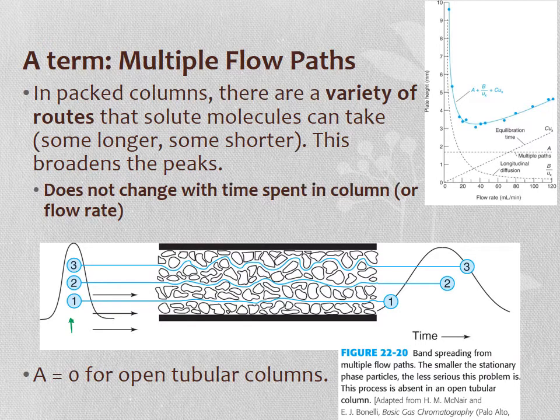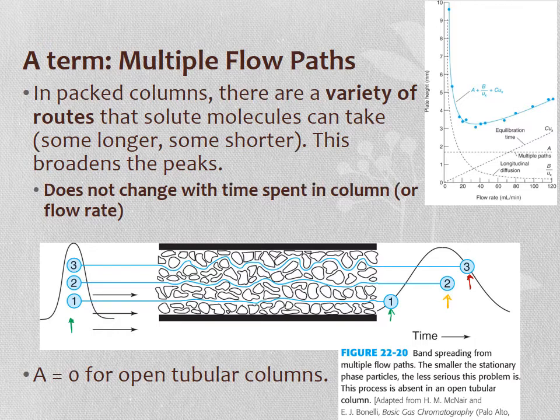And molecule 1 takes a pretty much direct path through and comes out first. And then the next molecule takes a little bit more of a tortuous path. It's got more obstacles to avoid. It comes out later. And then molecule 3 eventually, after meandering around all of the obstacles, comes out later. And so the net effect of this is that by having multiple paths around the packed particles to take, you're going to have a broader peak.